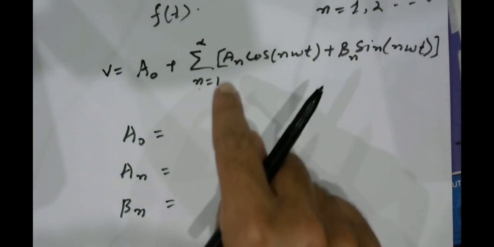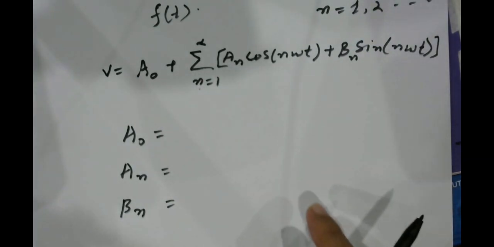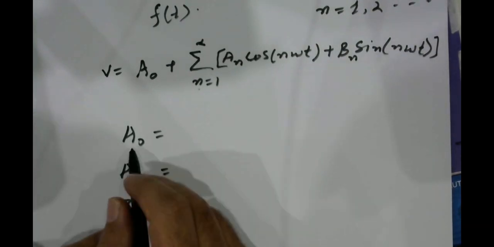So this is the formula you need to memorize. Now what is a naught? These are constants, and we call them Fourier coefficients: a naught, a n and b n.